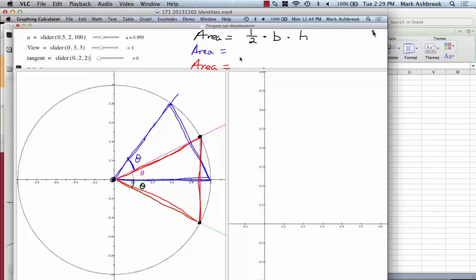The blue triangle goes all the way up to the right side of the 3 o'clock position. It goes all the way to the 3 o'clock position. Okay? Goes all the way to there.